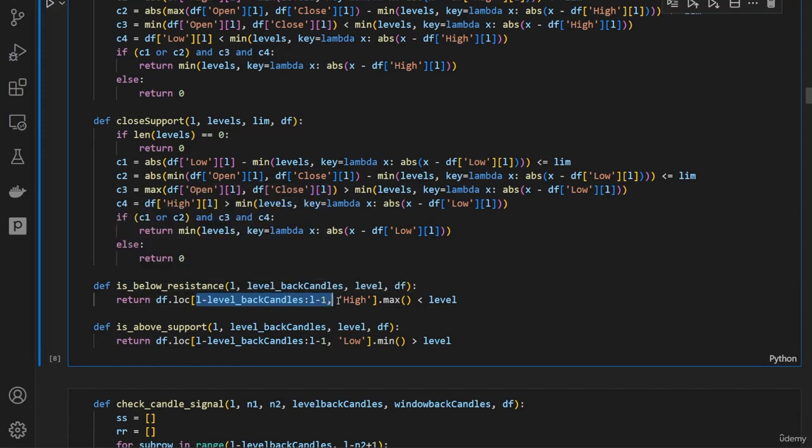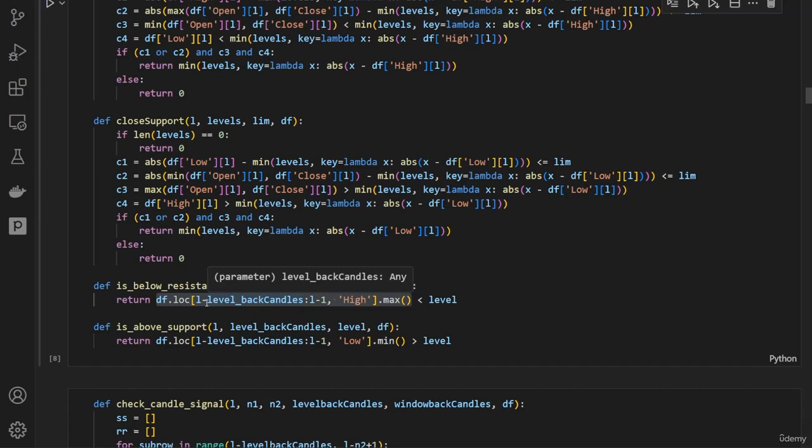For this, we are comparing the highest prices of these candles. We're taking the maximum, and if the maximum of these candles in this time window is below the level, then we return true. In any other case, we return 0.